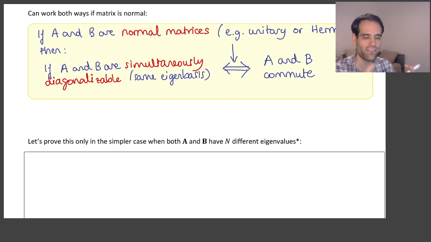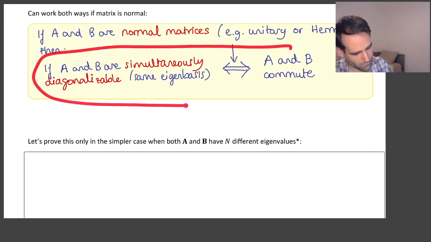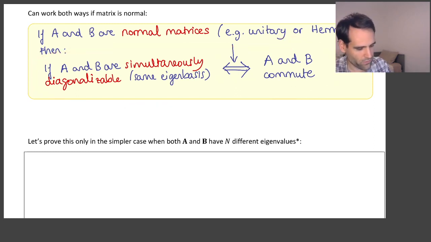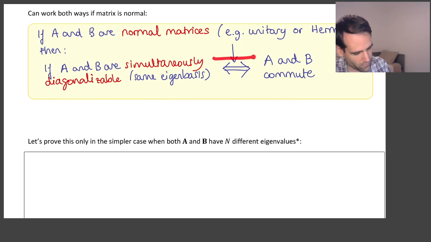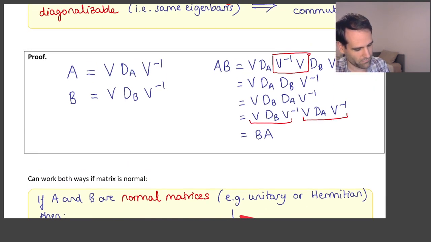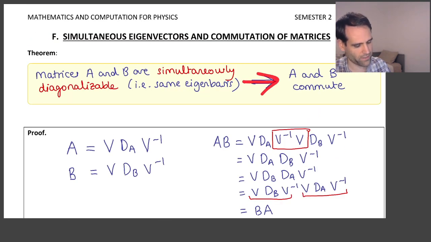Okay, so if I assume that the eigenvalues of A and B are all different, then I can easily prove this theorem. Now, to prove this relation, we have to prove both this way, but also this way. Now, the proof for this way, we already did that, because here we proved that whenever two matrices have the same eigenbasis, then they commute.